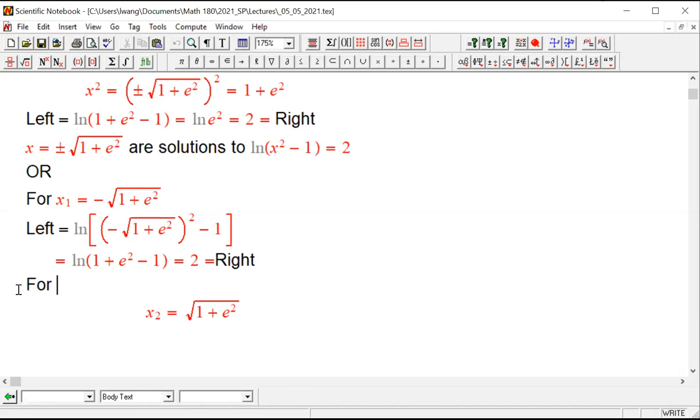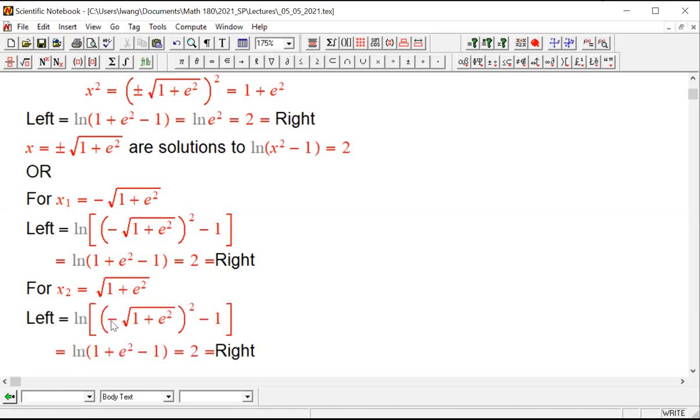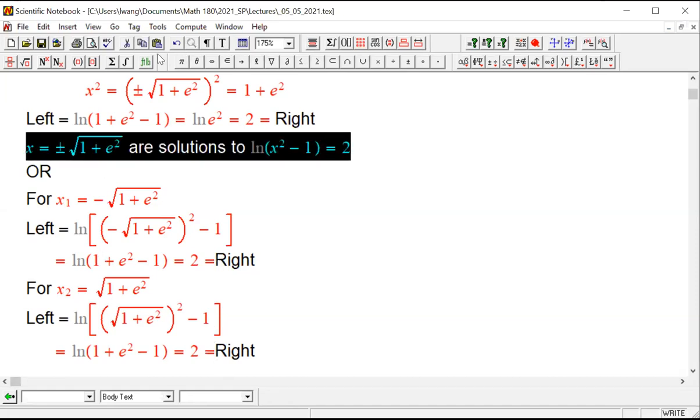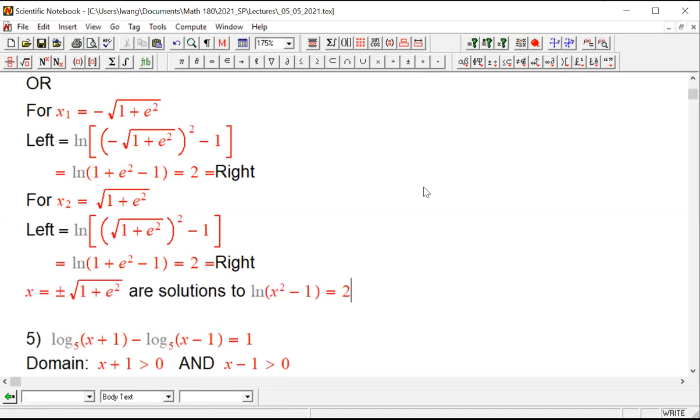For this other one, the whole process can be redone all over again with the other value, and you also get it equal to 2. So you're going to draw the same conclusion here. All right?